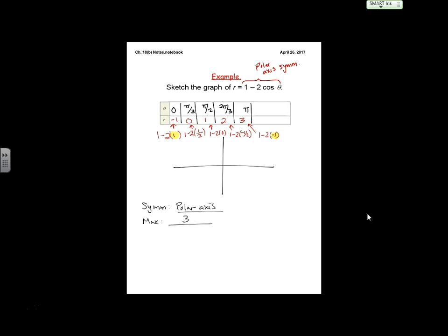Question, is there going to be a 0 at every pi over 3? No, because 2 pi over 3 doesn't have a 0. So question, can you guys help me out? What would be another 0? Because there's going to be more than one. But it's not 2 pi over 3, so what else are we going to have? 4 pi over 3, no. Because 4 pi over 3 is going to be a negative just like 2 pi over 3.